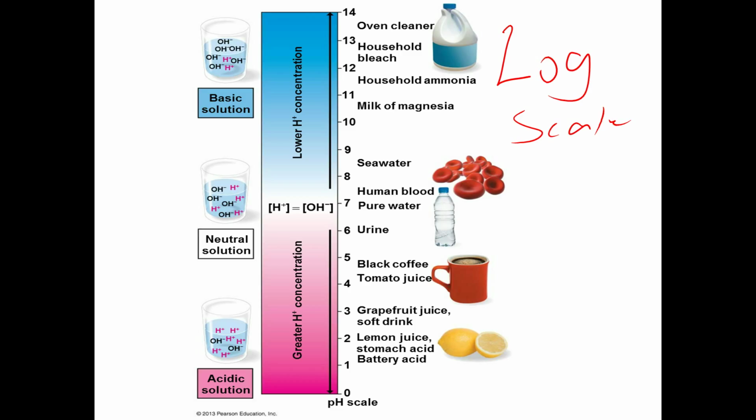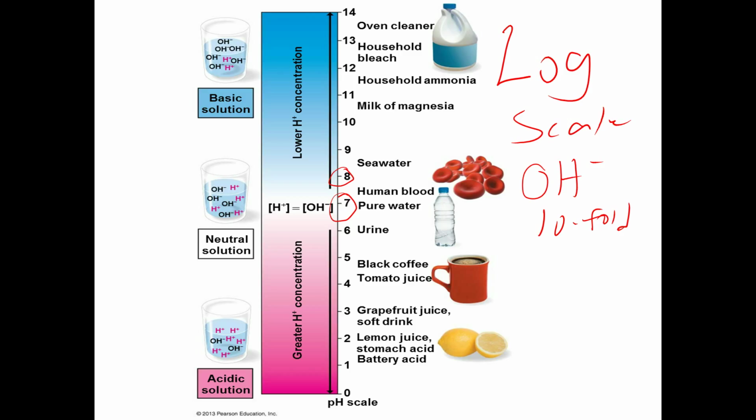What that means is that, for instance, when you go from a pH of 7 to a pH of 8, you've gone up 1 unit, but you've actually increased the amount of OH ions tenfold.